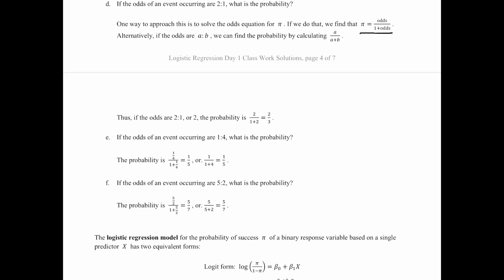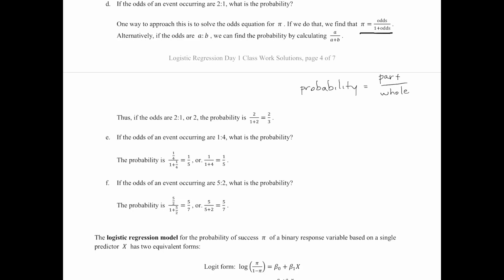Another way you can think about it is if the odds are A to B, or A over B, then the probability is A over A plus B. So that is, in fact, the part to the whole.